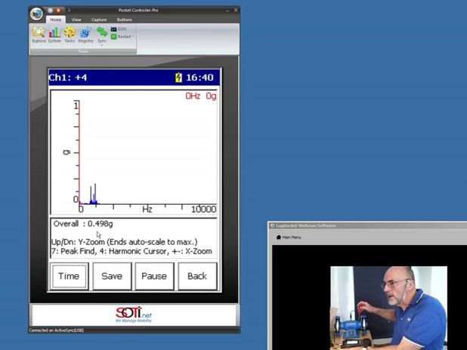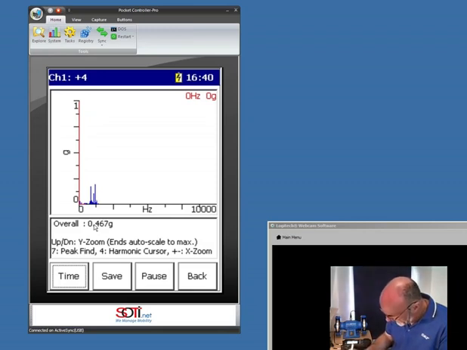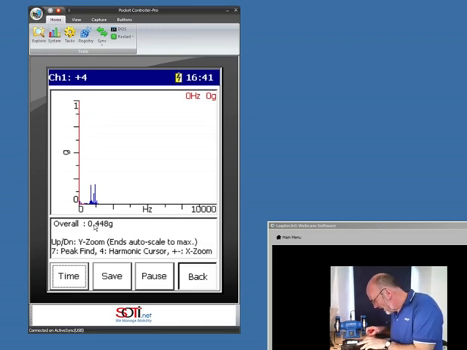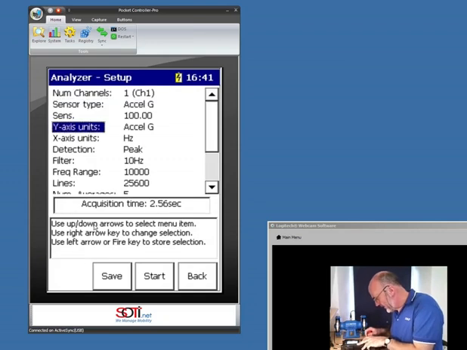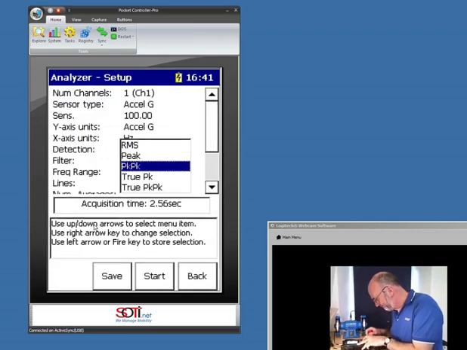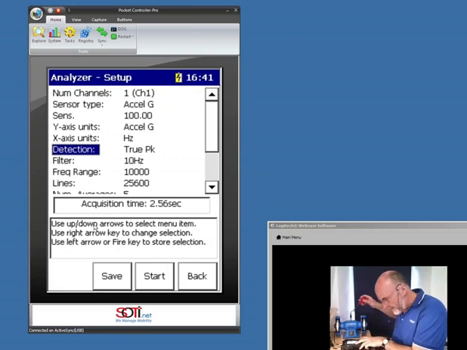And we've got a reading of around about 0.5 G, 0.49. Call it 0.49. So we've got 0.49 G peak. And what I'm going to do now is switch to something called true peak. And do the same again.